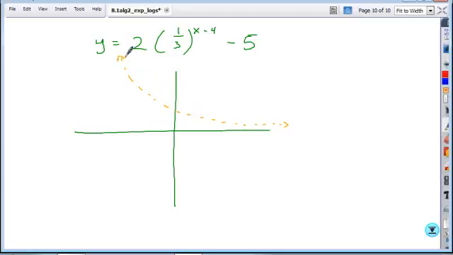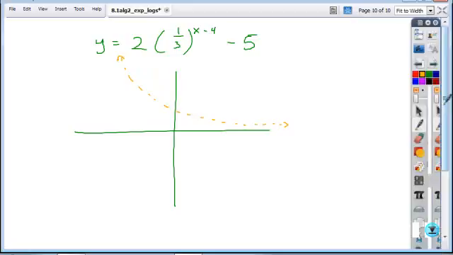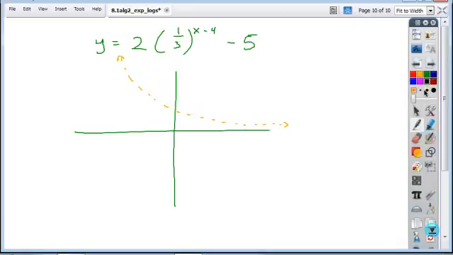So this orange line is our generic decay model, which we need to use because our base is a fraction smaller than 1.